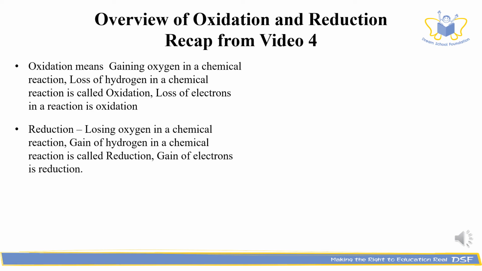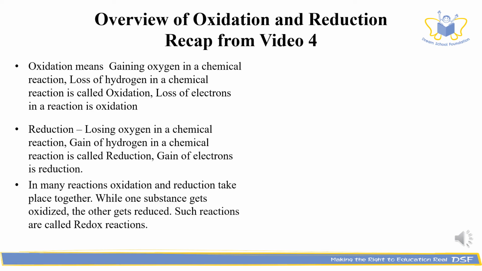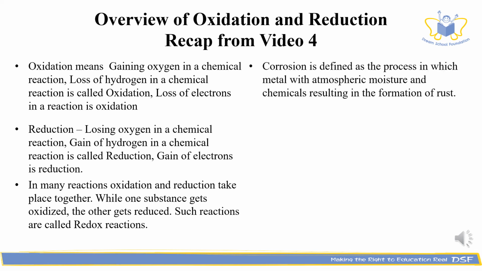What are redox reactions? In many reactions, oxidation and reduction take place together. While one substance gets oxidized, the other gets reduced. Such reactions are called redox reactions. What is corrosion?